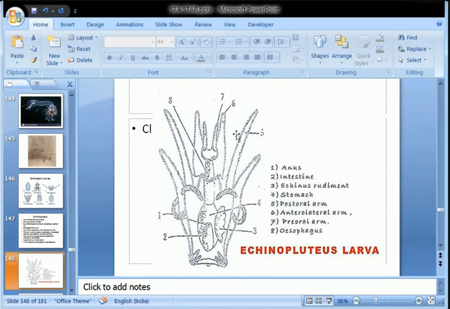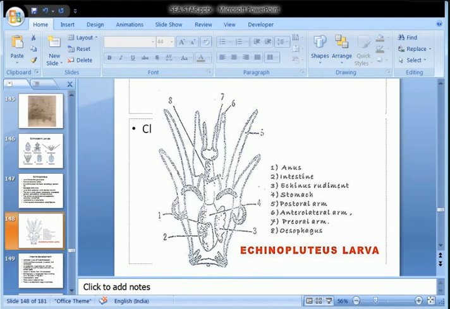And then these are different arms, the postoral, the anterolateral, the preoral, etc. This central part is the gut, the alimentary canal, not that well differentiated, a primitive sort of gut. Later, when the adult is forming, this whole alimentary canal is restructured.